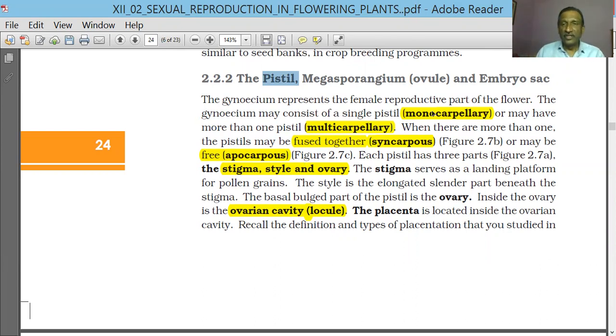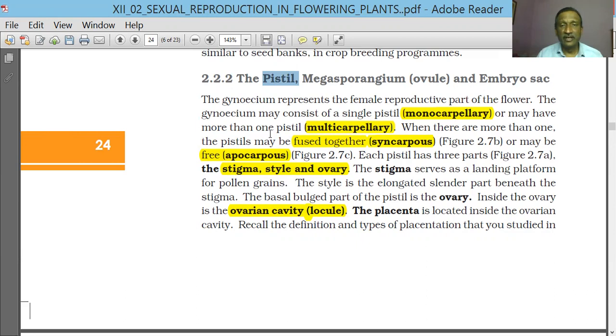Now, if there is only one pistil found in any plant, then it is called monocarpellary. If there is more than one pistil, then it is called multicarpellary. When the multicarpellary condition is there, all the carpels may come together and form one group or one bunch. Then it is called the syncarpous condition.